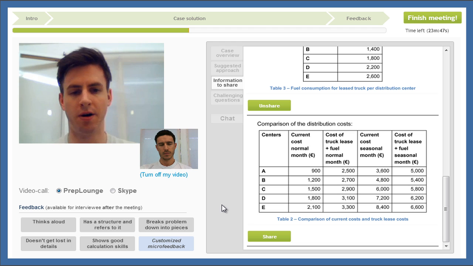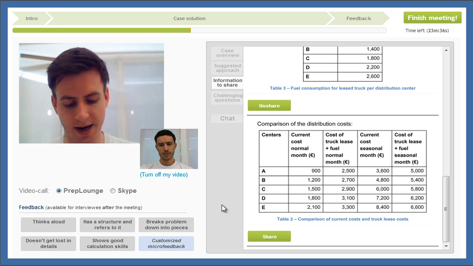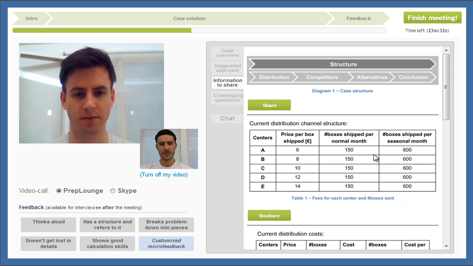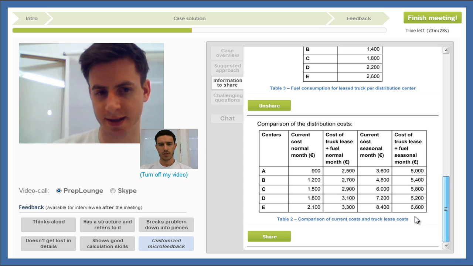So overall, it is 5,800. And for this, the cheaper option, we only have to pay 50%. So this is 2,900. Because we have just 150 boxes, right? Exactly. So we don't need the big trucks.